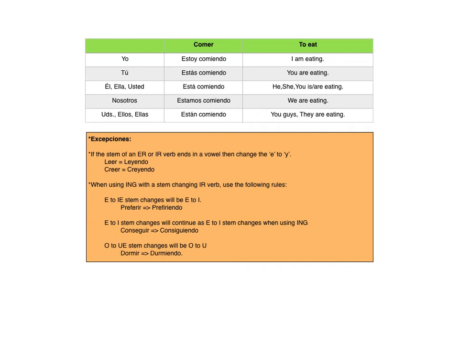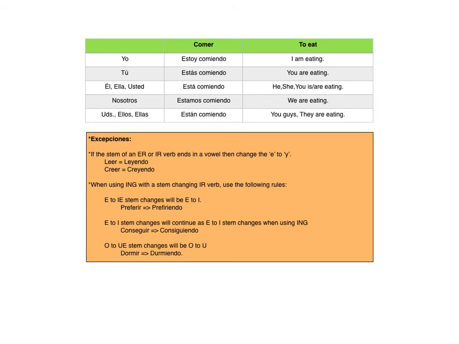If we have an IR verb and it happens to be an E to IE stem change, like with preferir, we're going to pull that IR off, and we're going to add the iendo, right? But we're still going to do a stem change. Instead of an E to IE, we're going to do E to I. So we're going to say prefiriendo, right?